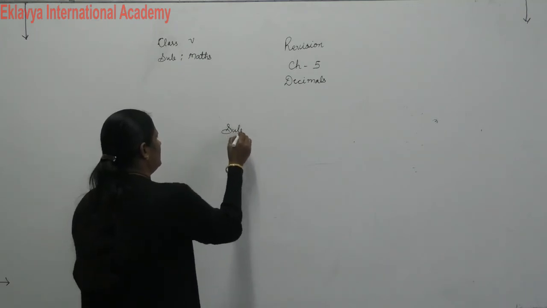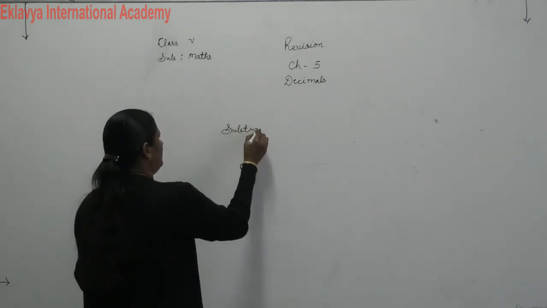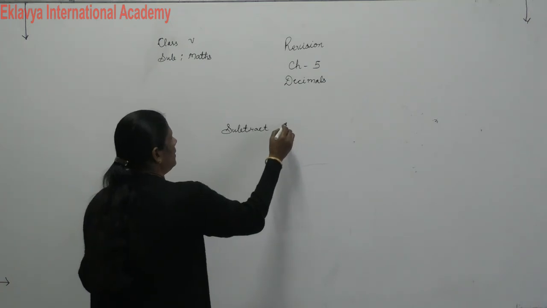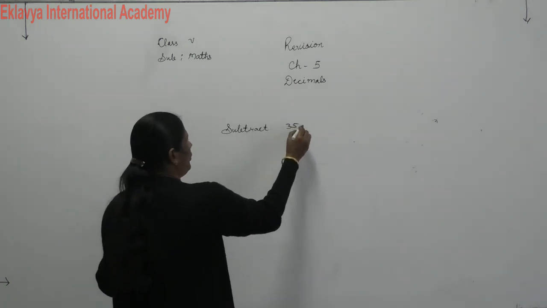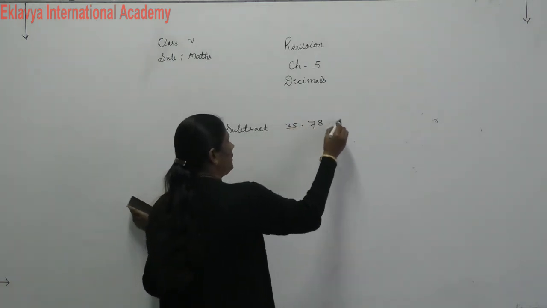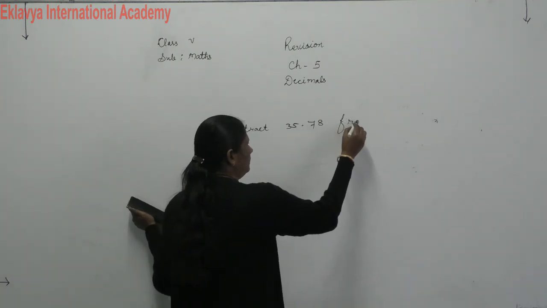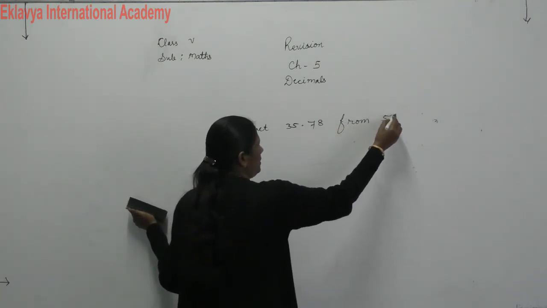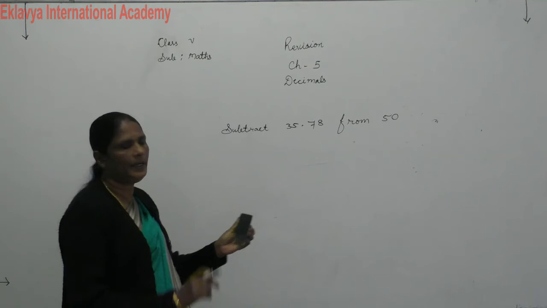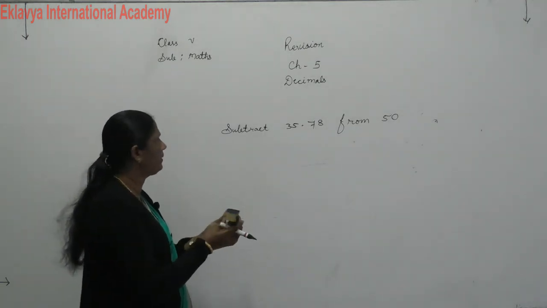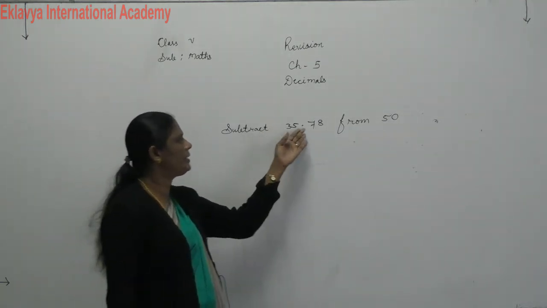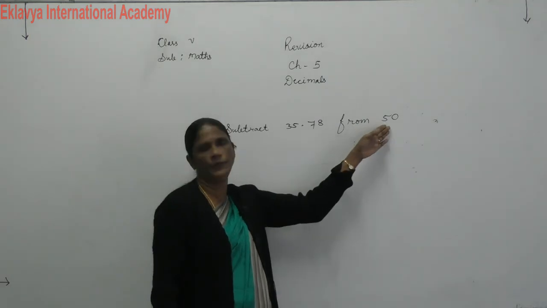Then now how to subtract? Subtract 35.78 from 50. Read the question. Subtract 35.78 from 50.